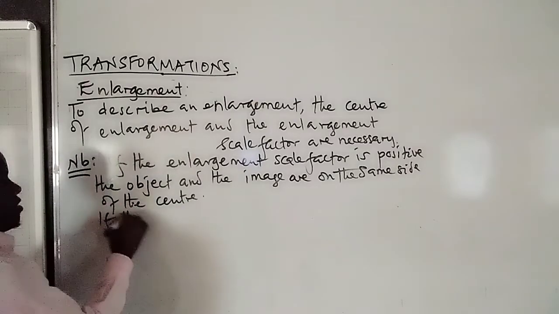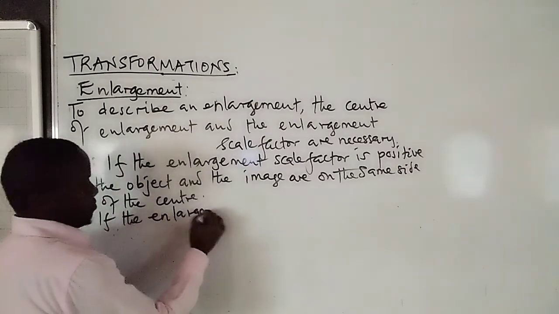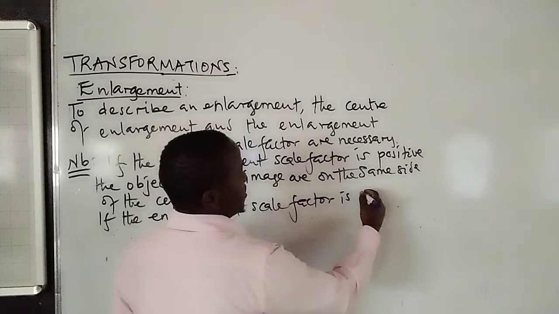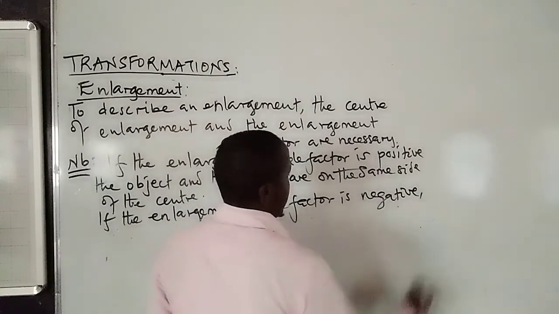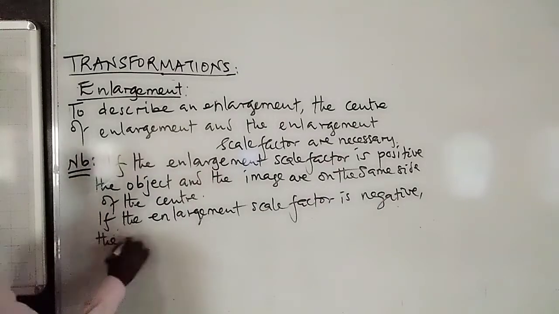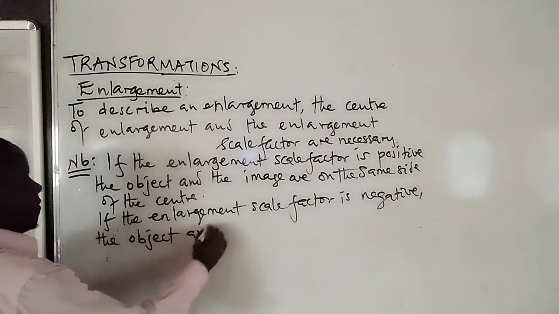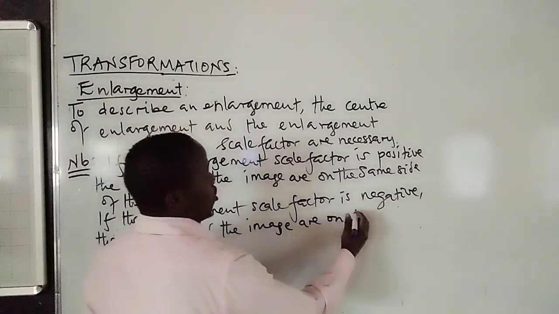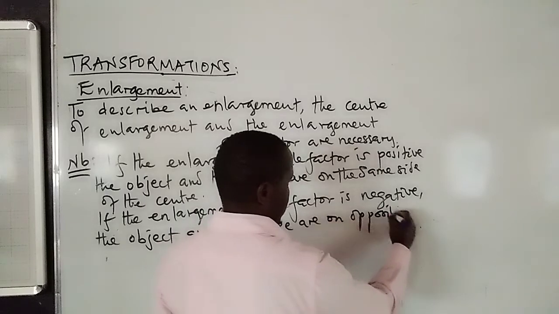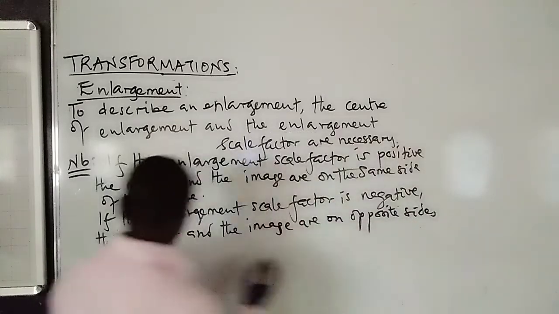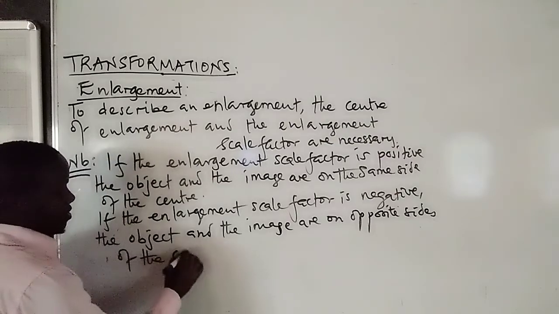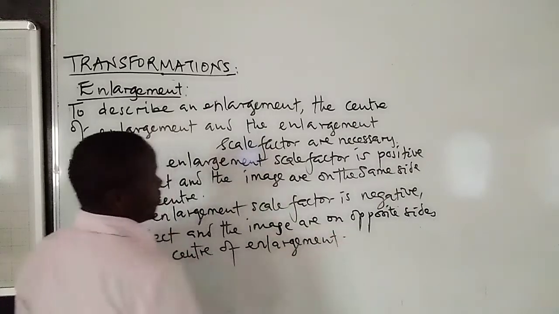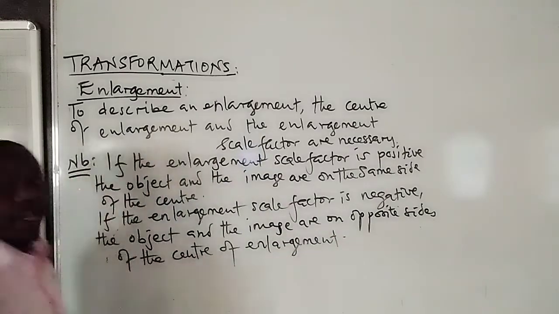But if the enlargement scale factor is negative, then the object and the image are on opposite sides of the center of enlargement.